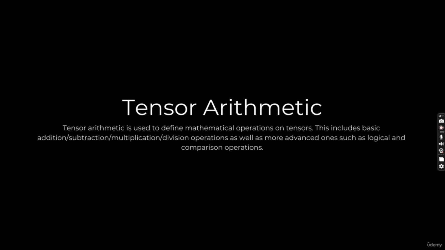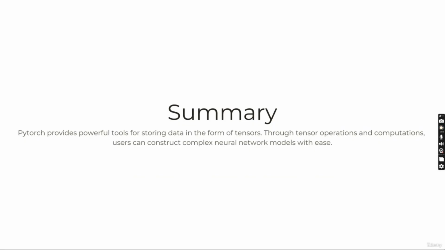Now, tensor arithmetic. Tensor arithmetic is used to define mathematical operations on tensors. This includes basic addition, subtraction, multiplication, division operations, as well as more advanced ones such as logical and comparison operations. So PyTorch provides powerful tools for storing data in the form of tensors. Through tensor operations and computation, users can construct complex neural network models.